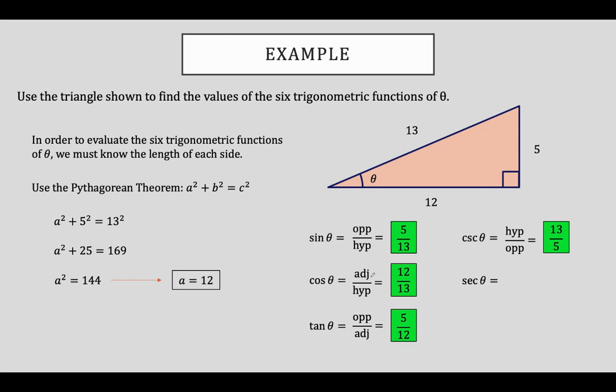Secant theta is going to be hypotenuse divided by adjacent. Again, we flip our cosine ratio. Hypotenuse divided by adjacent leaves me with 13 over 12. And finally, the reciprocal trig function of tangent theta is cotangent theta. That is adjacent over opposite, which gives us 12 divided by 5.